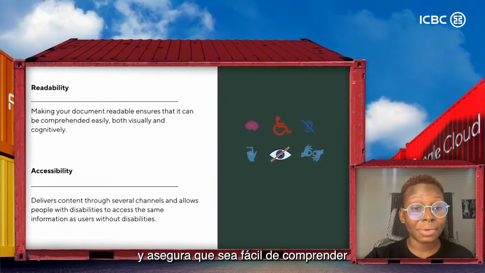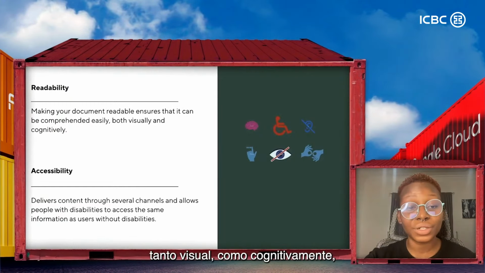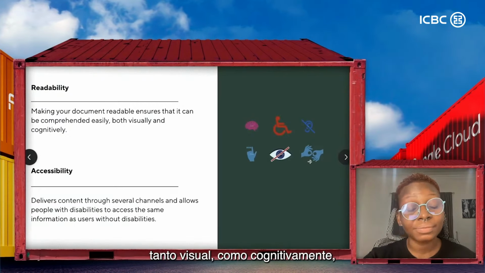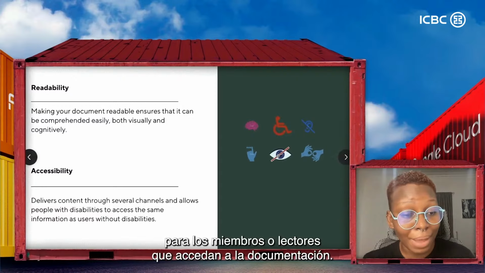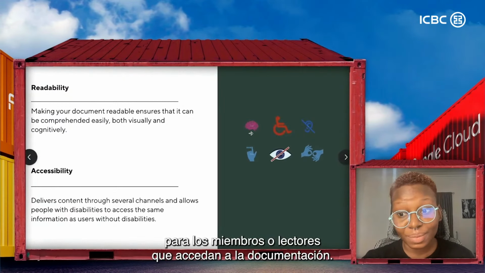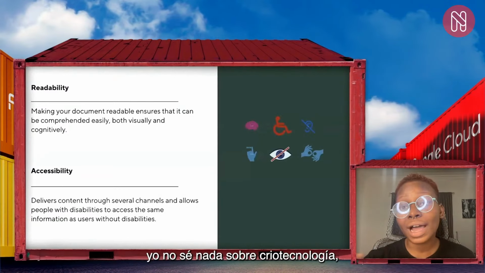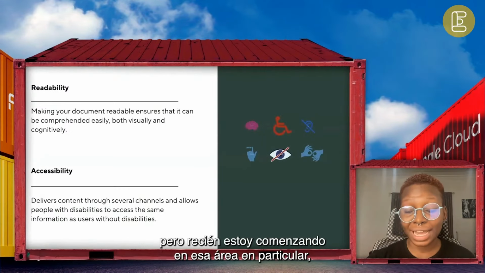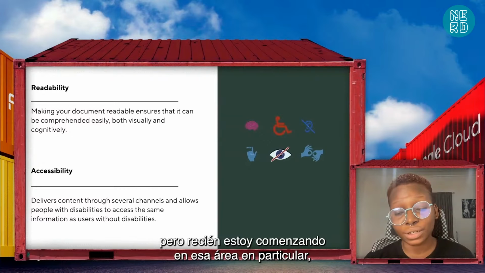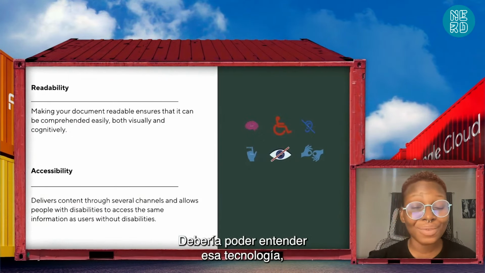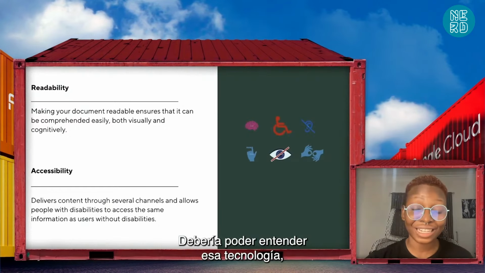ensures that it can be comprehended easily, both visually and cognitively, by the members or readers that are accessing your documentation. So take, for instance, like I said earlier, I have no idea of your technology, but I'm just getting started in that particular field, and I come across your documentation. I should be able to get an understanding of that technology.